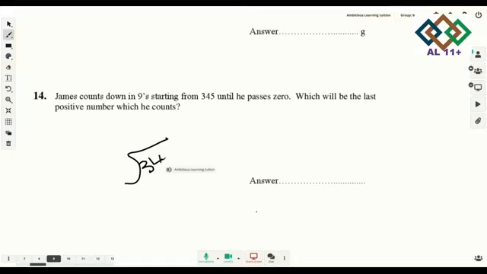So 345 divided by 9, that is 38, remainder 3. But what they're asking is the last positive number when it counts.